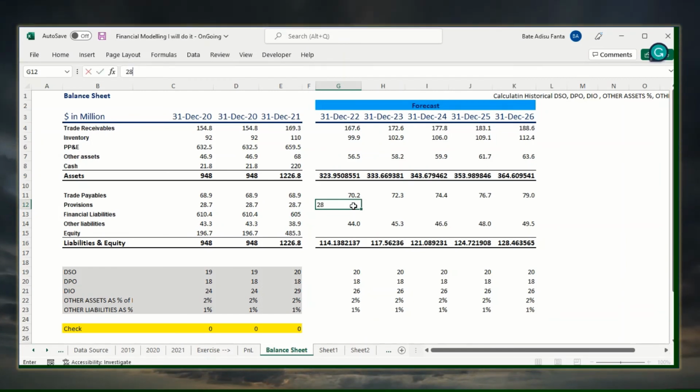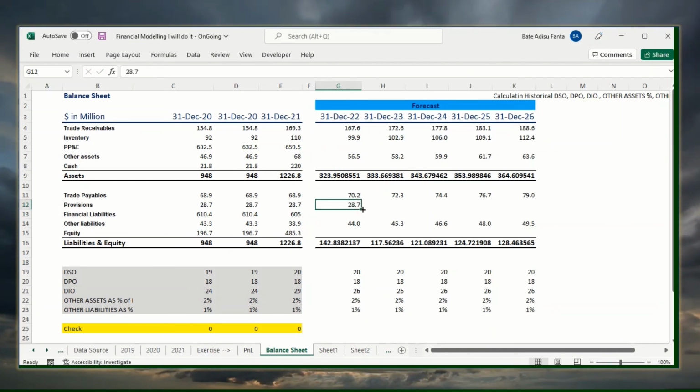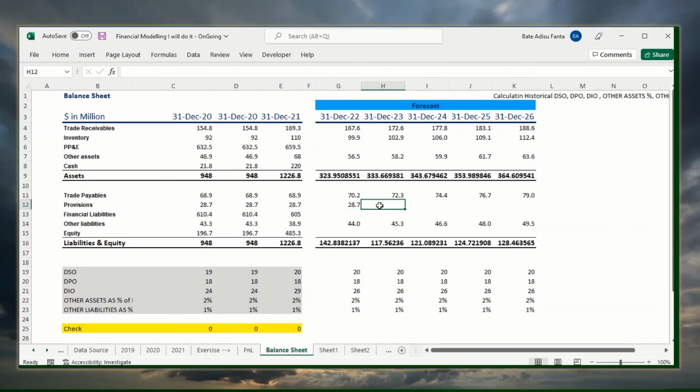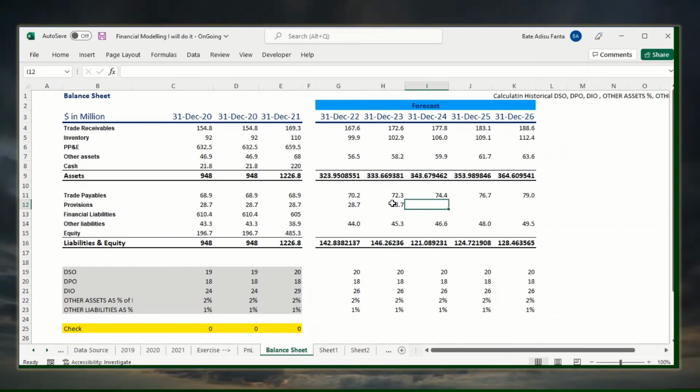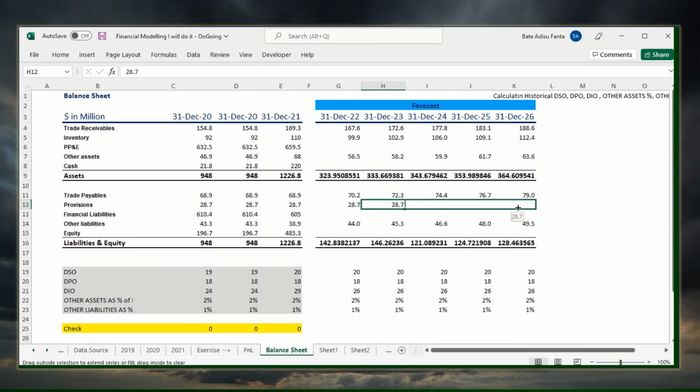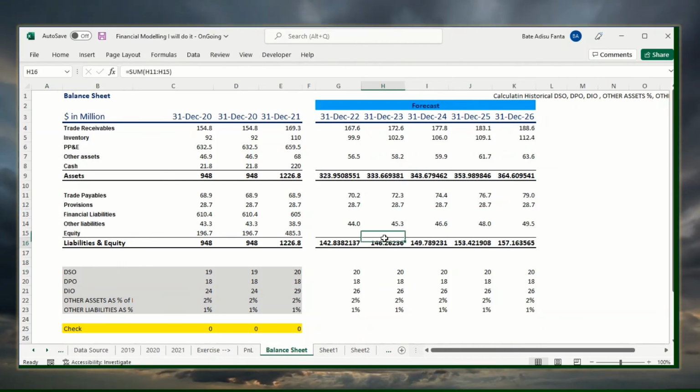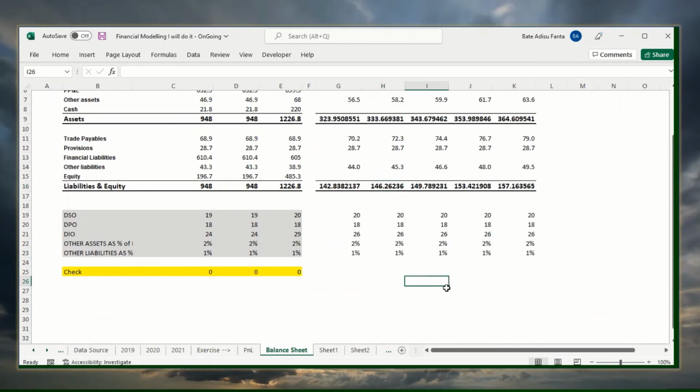So 8.7%, we can make it the same for all years. You can simply copy paste it to all other years. So that looks so good.